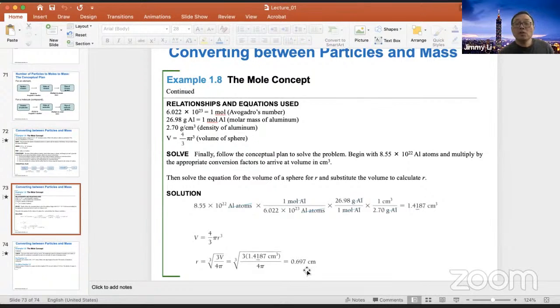Okay, so this is the end of the first lecture for Chem 1A, and this lecture covered chapter E and chapter 1 of this textbook called Chemistry, Structure, and Properties by Tro.